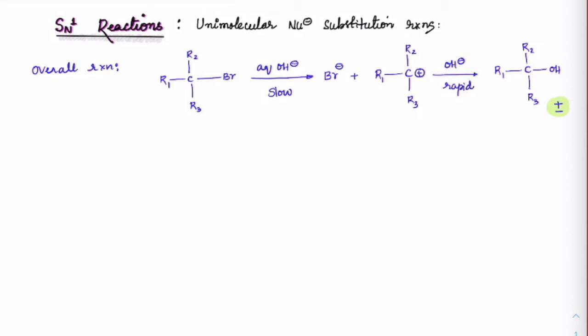In SN1, you will always see tertiary or more substituted groups undergoing these reactions. Let us get a feeling of the mechanism. You can see R1, C, R2, R3 as it is connected to Br. They already have enough electronegativity difference.